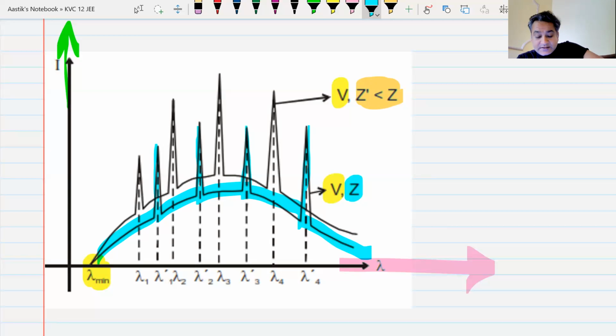It's lower than the graph of Z dash. And this is the graph of Z dash. So the graph of the metal which has lower atomic number is higher.